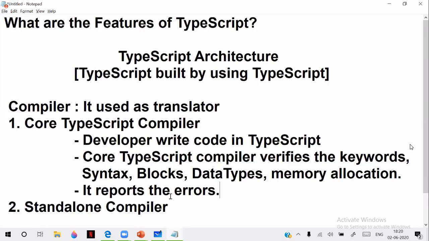For that, it uses a lot of files. Remember, we are learning high-level architecture, that means outline architecture. You will be able to understand the internal architecture after you finish TypeScript, because you need to be strong in TypeScript to understand how the data types are verified and checked.